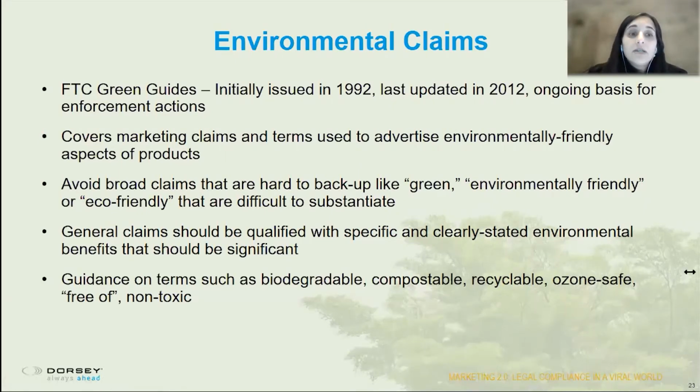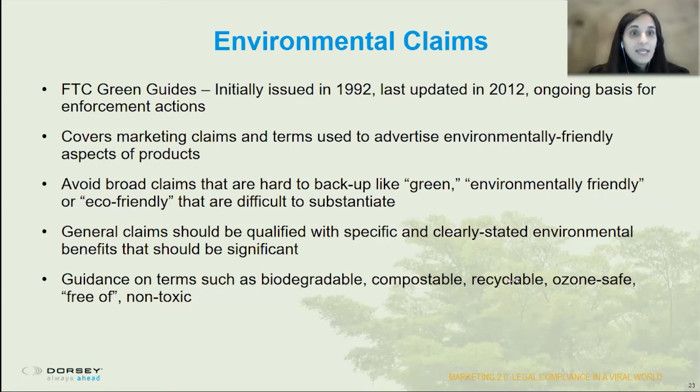So the Federal Trade Commission initially issued what's called the Green Guides in 1992. They were last updated in 2012. They need to be updated again. I know that there have been a lot of calls from industry groups, especially the fashion industry. They really want the Federal Trade Commission to update them again because so much has changed since 2012.